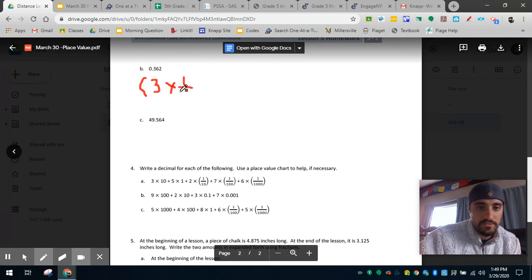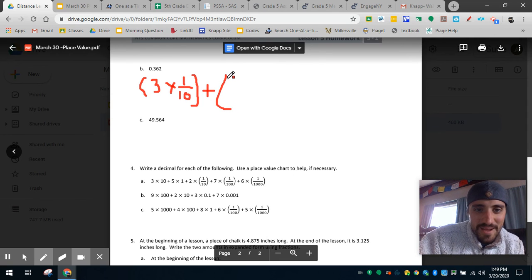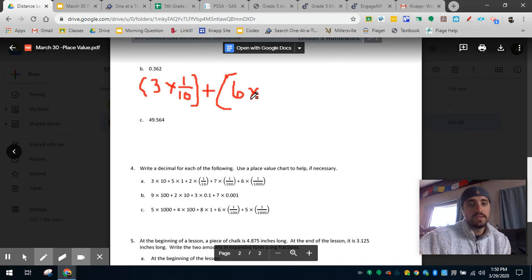Thank you for your patience in realizing that I'm writing with a mouse. 3 times 1/10, and then finish out that parentheses, plus, well, what's the next place value? Hundredths. So back to our parentheses, and we're going to do 6 times, well, what place value comes after tenths? It's hundredths, right? You can pull that place value chart out, 1/100th.